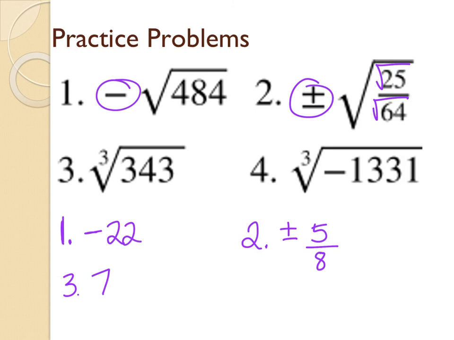If I look at number 4, the cube root of negative 1,331. Since my radicand is negative, I know my answer is going to be negative because I'm having a cube root. So if I do 3 second house top negative 1,331, I'm going to get negative 11.